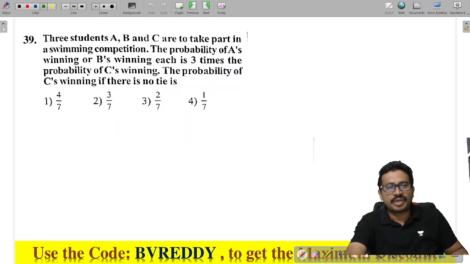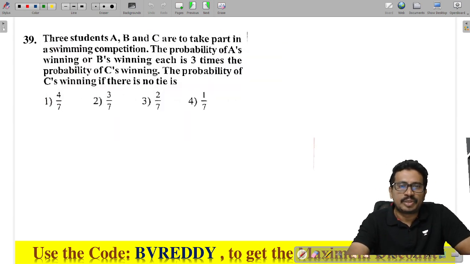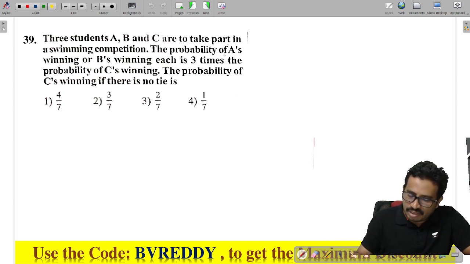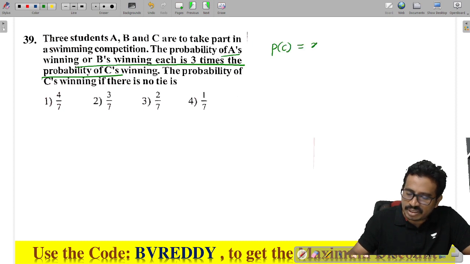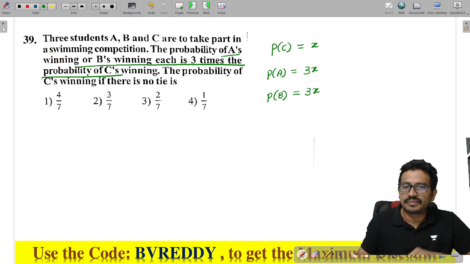Next, 3 students A, B, C are to take part in a swimming competition. The probability of A winning or B winning, each is 3 times the probability of C winning. So if I call the probability of C winning X, then the probability of A winning is 3x and the probability of B winning is also 3x.